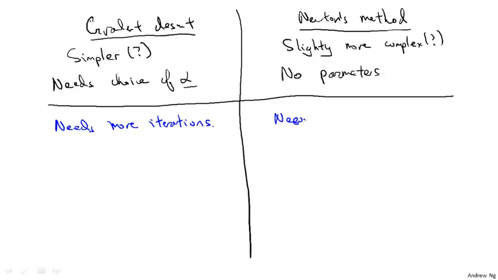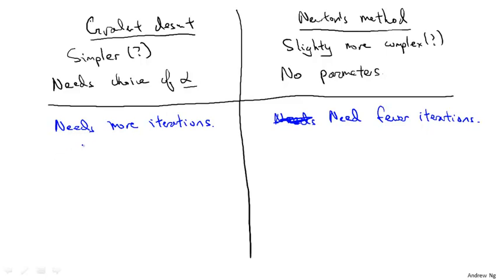Whereas Newton's method typically needs fewer iterations. And in particular, as I was saying in the previous video, depending on the problem, it is not atypical to see convergence in maybe 5 to 15 iterations, or not much more than that.